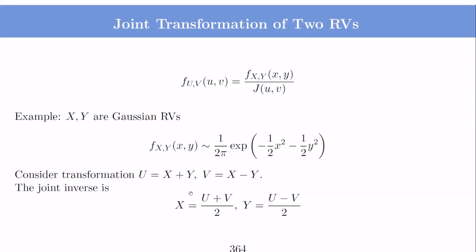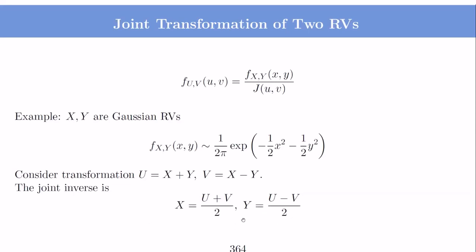And suppose we are interested in evaluating its joint distribution. So the joint inverse, meaning x and y in terms of u and v. If you add them and subtract them, you get x equal to u plus v by 2 and y equal to u minus v by 2.